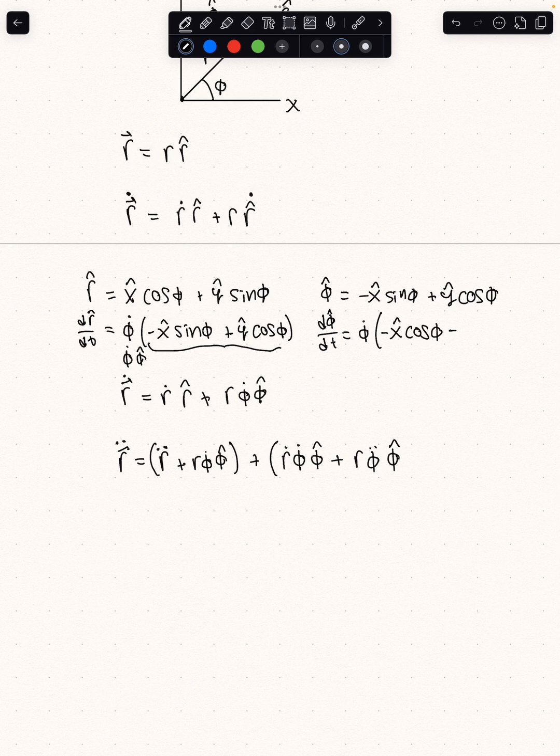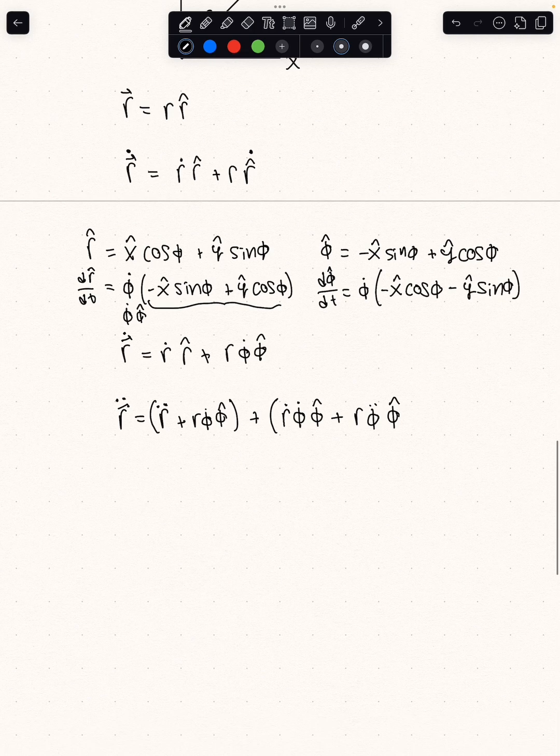Cosine goes to negative sine, so minus y hat sine phi. And this is negative r hat. Oh, I put a vector on this. This would be phi hat dot. Phi hat dot is going to be negative phi dot times r hat.